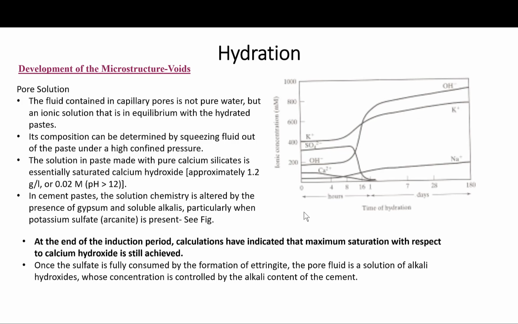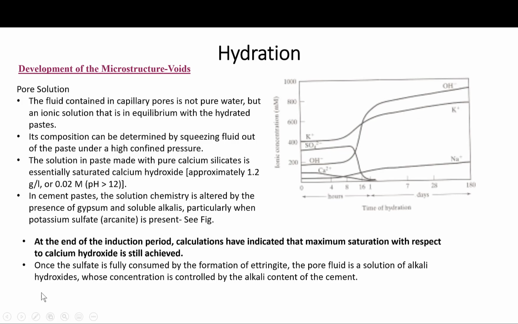In particular, when potassium sulfate, which is very soluble, arcanite, is present, the ionic concentration is extremely altered. As you can see on the figure, the concentration of the calcium remains for an extended time. This is the concentration of the hydroxyl ions, and the calcium ion concentration goes down. The sodium, it depends. It's less soluble than potassium, and it depends what form of alkali is present.